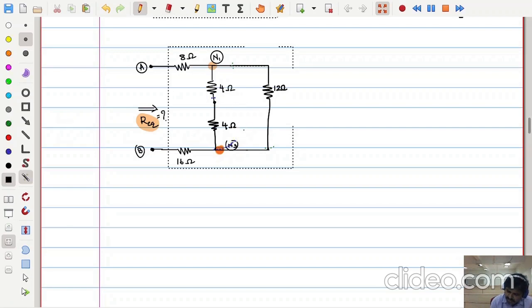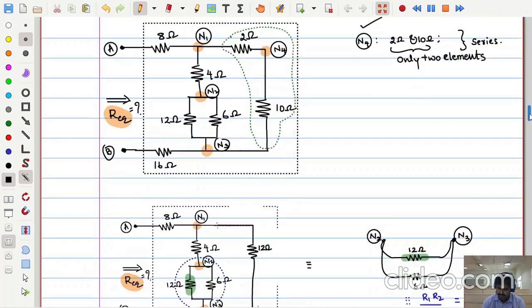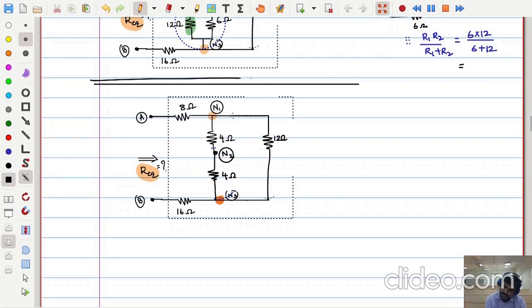And see, could you see any simple node now? After these many simplifications, previously N2 was not a simple node. But after this step, you should observe carefully: N2 has become a simple node.